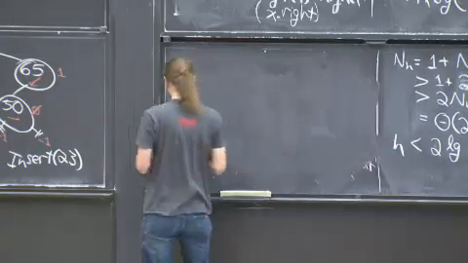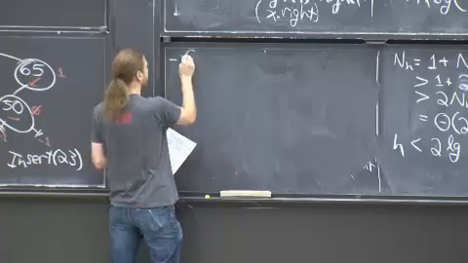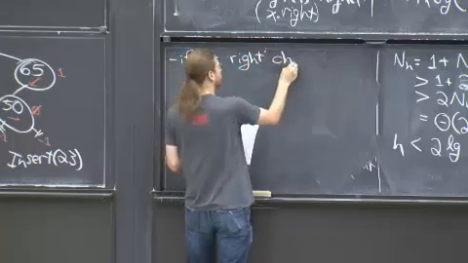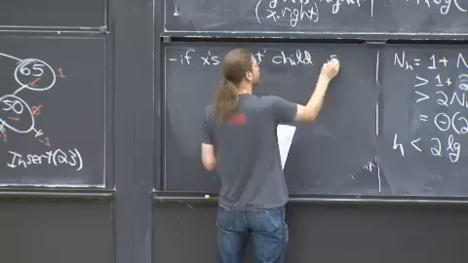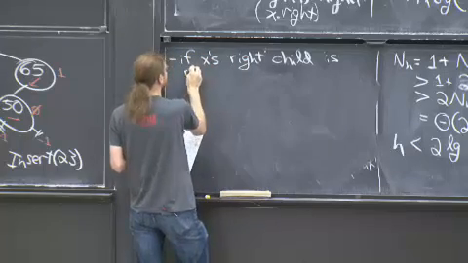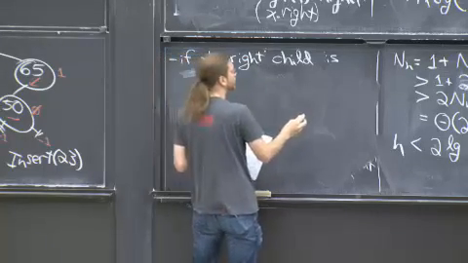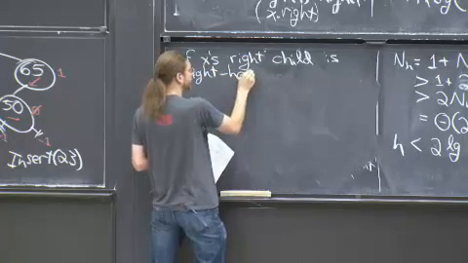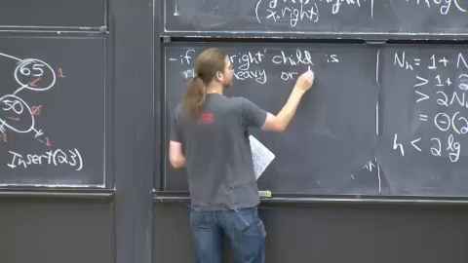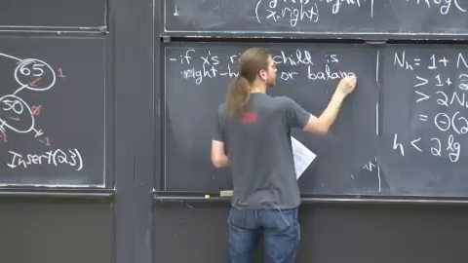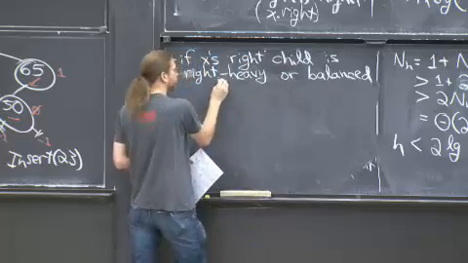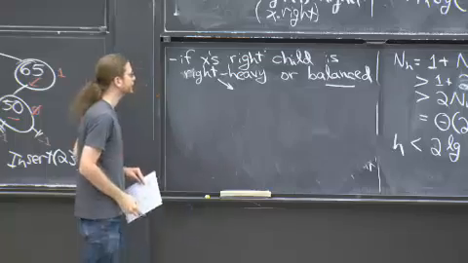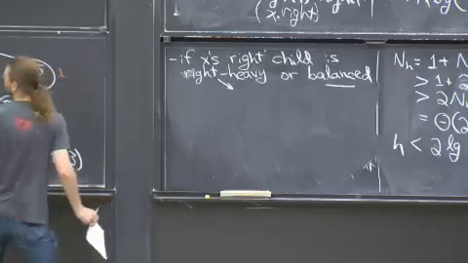Now there are 2 cases, like I said. I'm going to use this term right heavy because it's super convenient. Right heavy is what I've been drawing by a descending right arrow. Balanced is what I've been drawing by a horizontal line. So we're just distinguishing between these 2 cases.